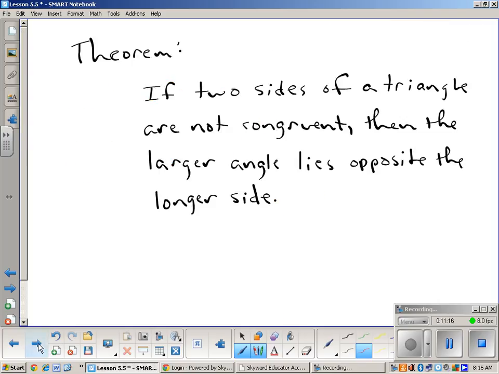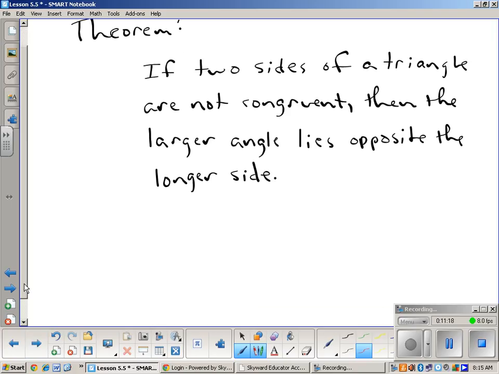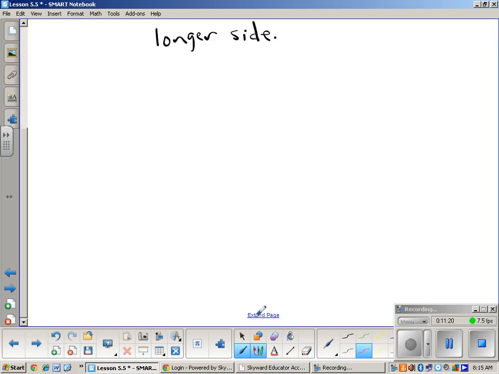All right, very similar to that rule. In fact, we'll put it on the same one.